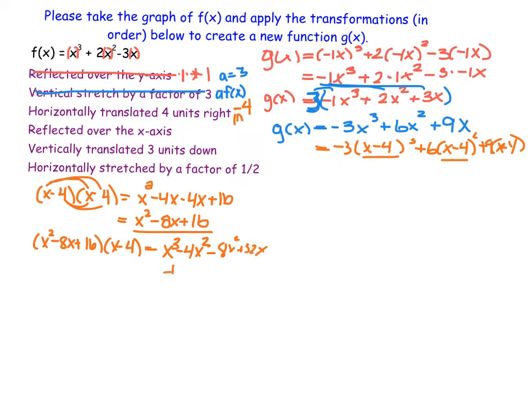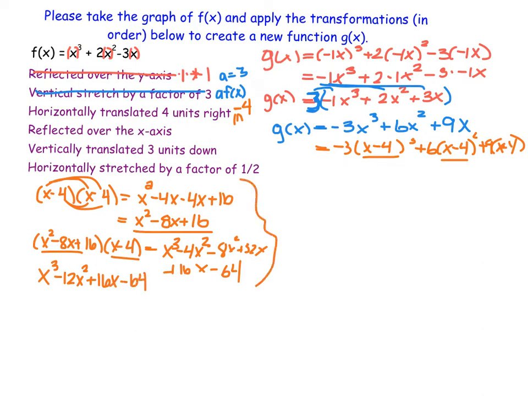And then we get plus 16x minus 64. So I just multiplied everything in the first parenthesis by everything in the second. If I combine like terms here, I end up with x cubed minus 12x squared plus 48x minus 64.